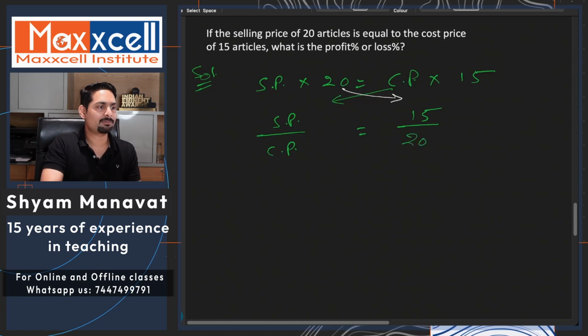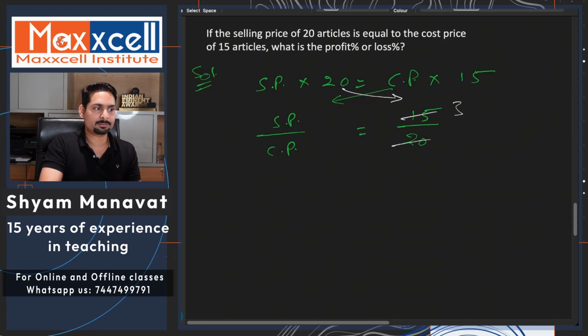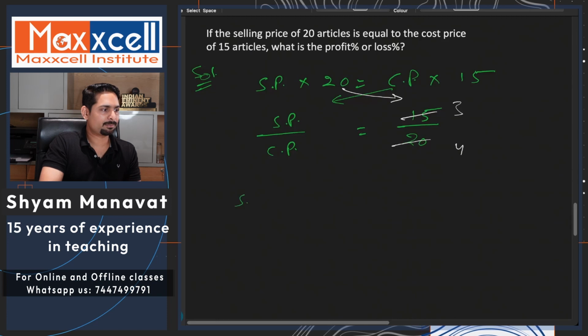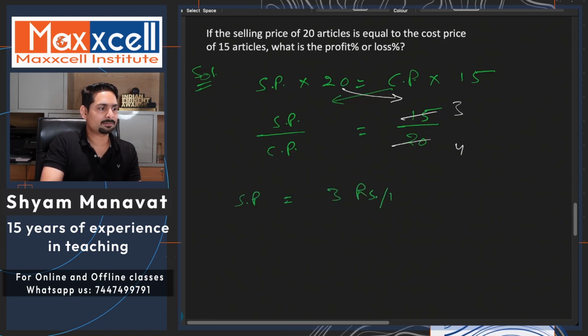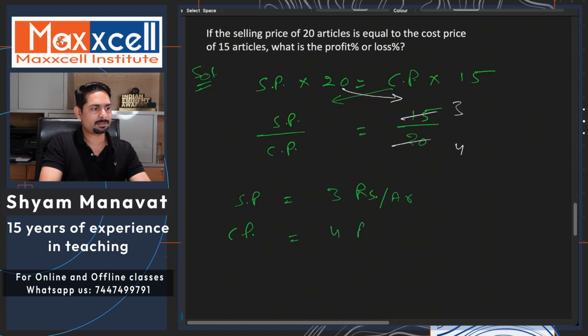Simplify: 5 3s are 15, 5 4s are 20. Selling price is rupees 3 per article, and cost price rupees 4 per article.